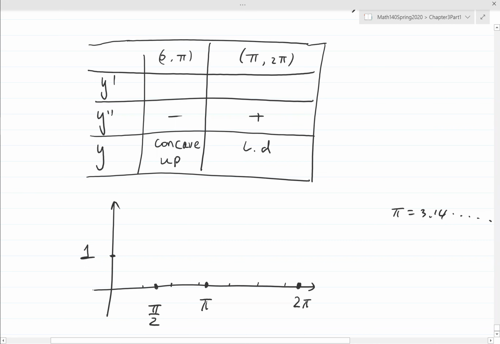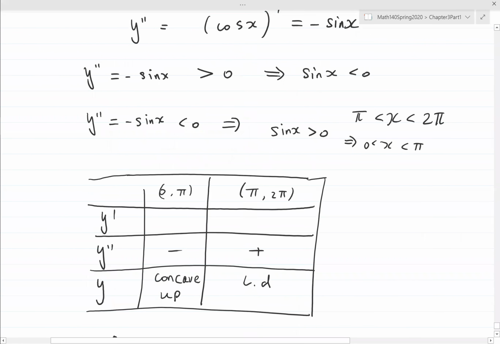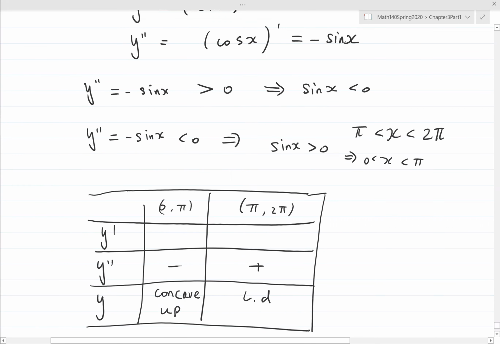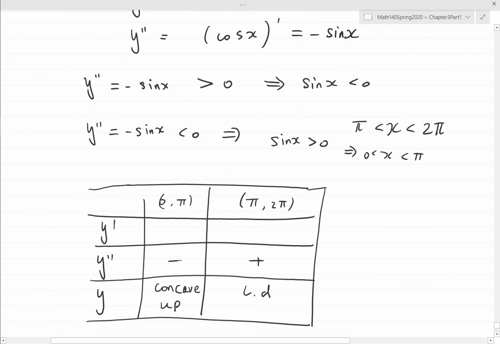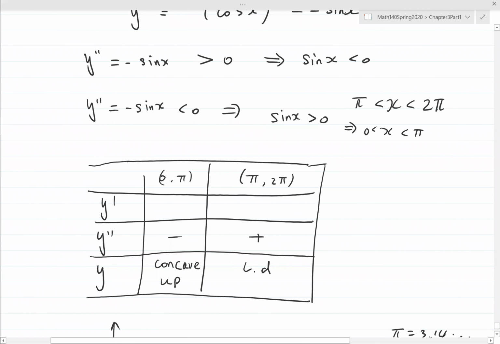Be careful, it's concave down from 0 to pi. Sorry, did I make a mistake? From 0 to pi, this should be concave down, and this should be concave up.